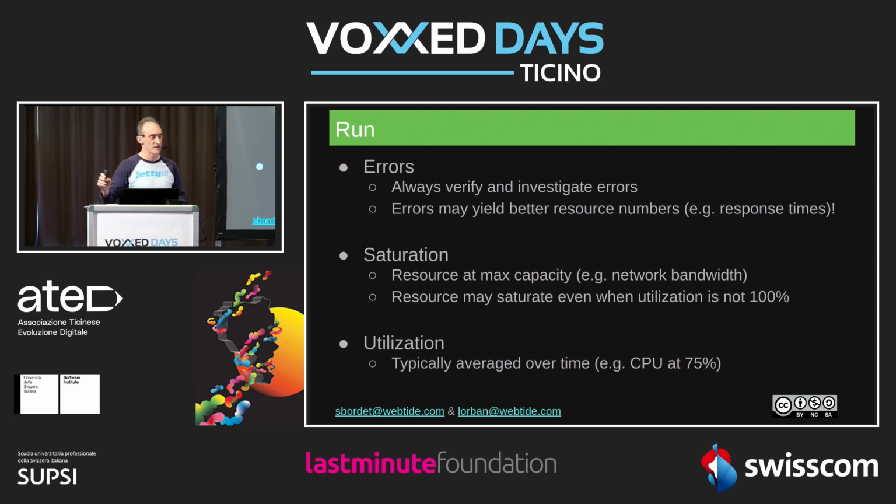Once you get rid of the errors, then you look at the saturation of your resources. Saturation means your resource is at max capacity. For example, that could be the network, where you have large responses that come back to the client. At a certain point, if you have 60,000 responses per second, and each of them carries 1 megabyte of data, that's a lot of data to transfer over a network, right?